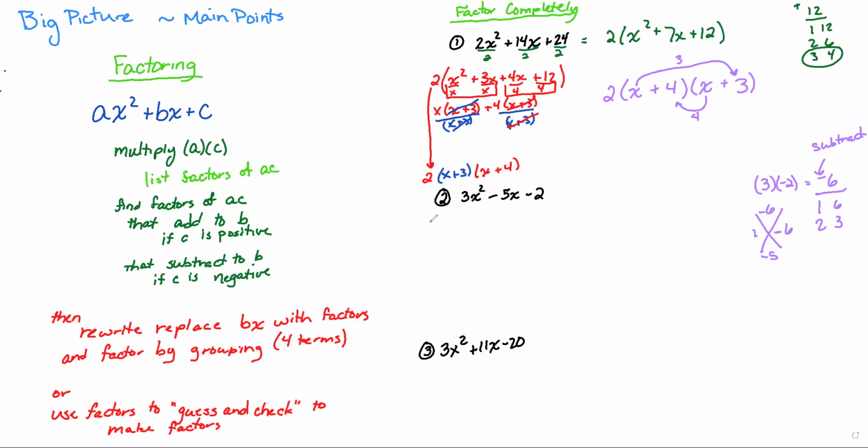If I rewrite my problem, I'll have 3x squared plus 1x minus 6x minus 2. All right, factoring those two at a time, I can pull out with these two, and then these two. With the first two, I can pull out an x. So I have x, and I have 3x plus 1.